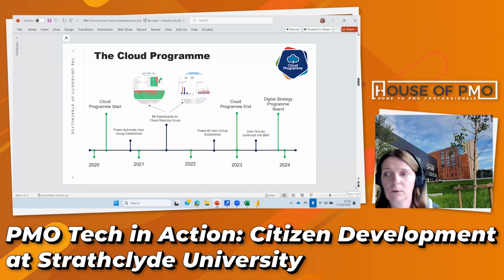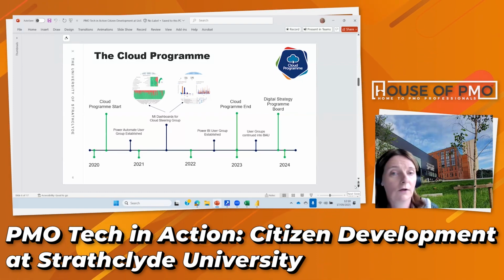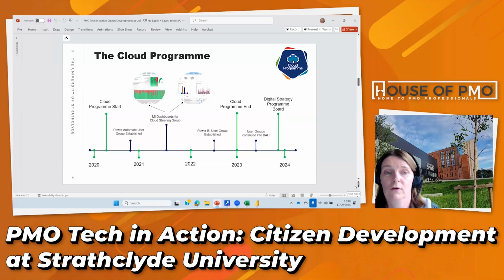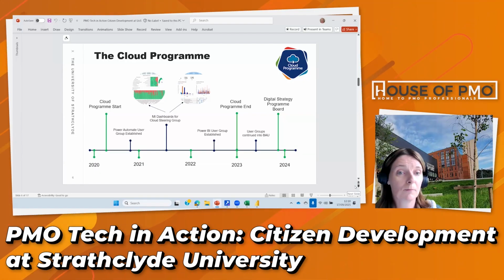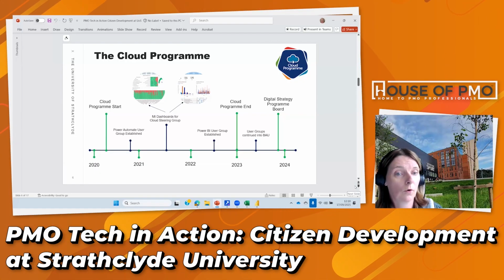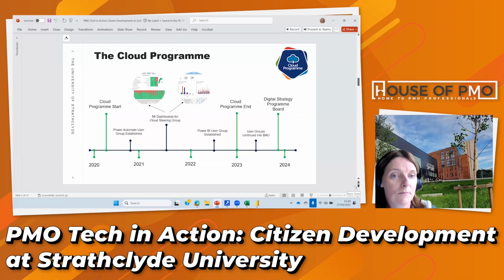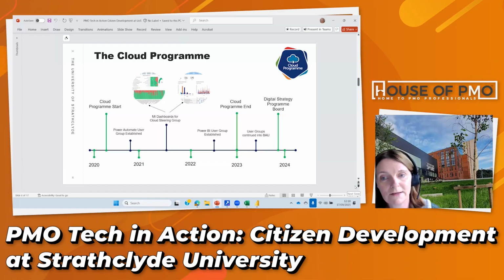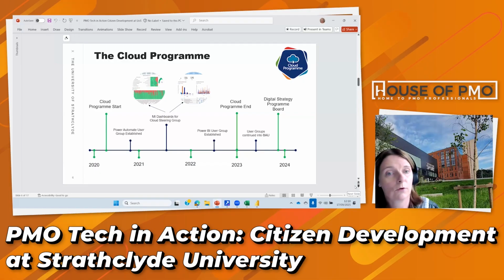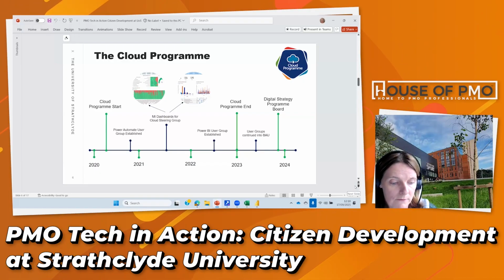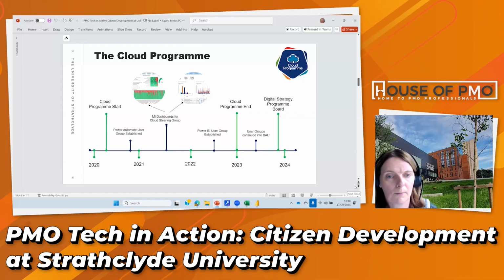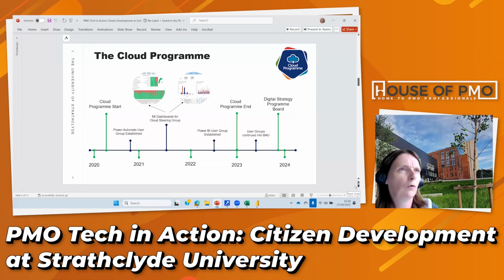That totally made sense because by that stage we were in the continuous improvement directorate, and these types of tools really just absolutely are complementary to the work of the continuous improvement team as well as the PMO. So it made sense for us to continue with them, and we're still running them as we speak. So we tend to run the user groups a couple of times a quarter, about 2 or 3 times a year.